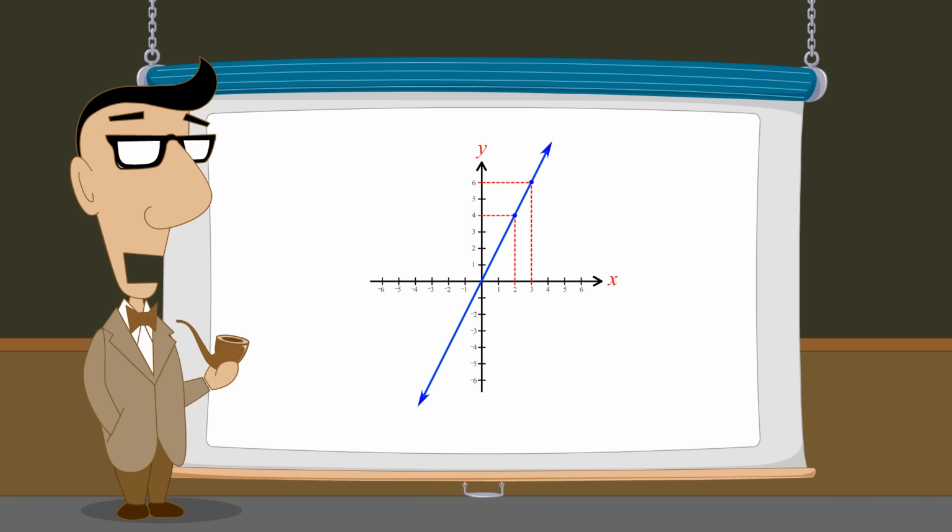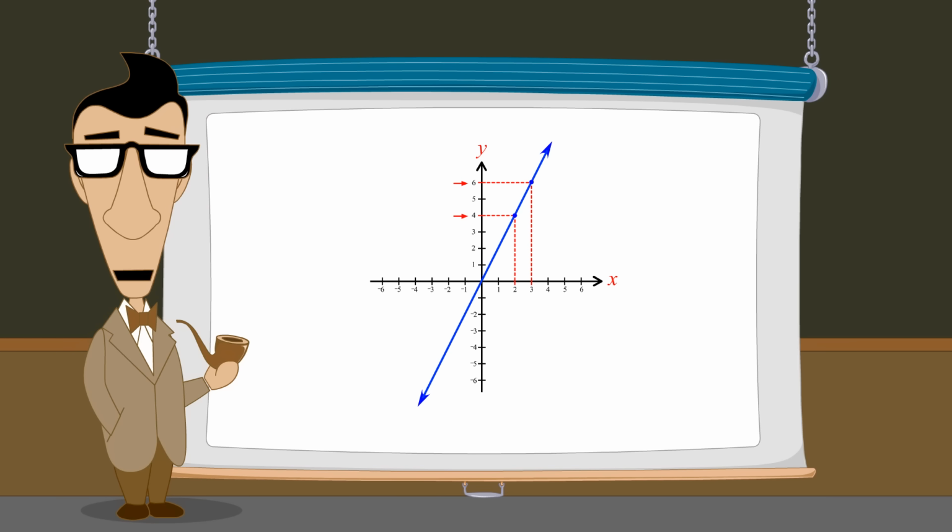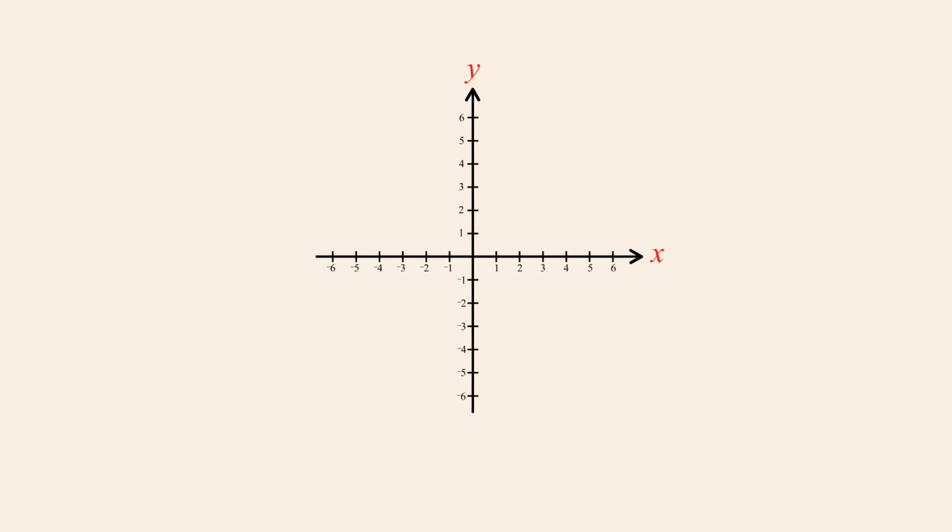Since the y-coordinate of a point represents its vertical position, the difference in elevation is the y-coordinate of the right point minus the y-coordinate of the left point. This difference in y-coordinates, as we move 1 unit to the right, is the line's slope. To see how this works, let's find the slope of the graph of the equation y equals x. We start by picking a pair of points on this line separated horizontally by 1 unit.